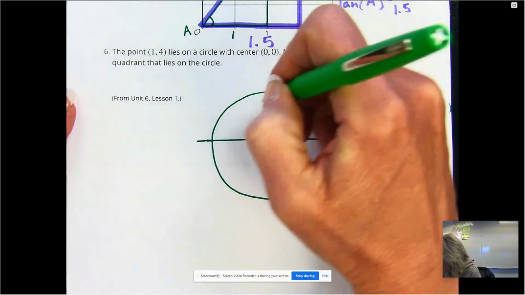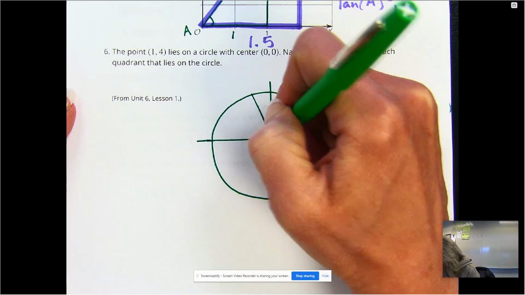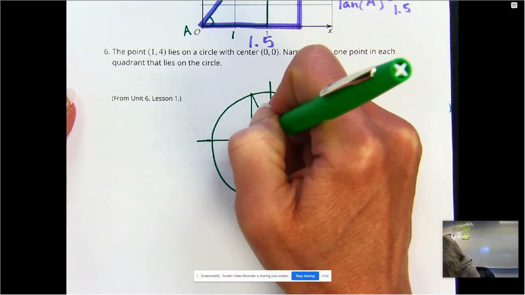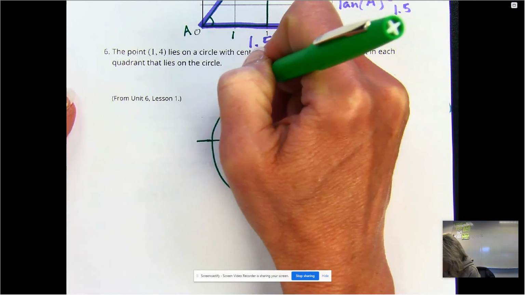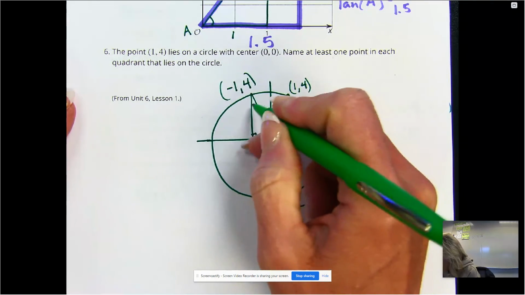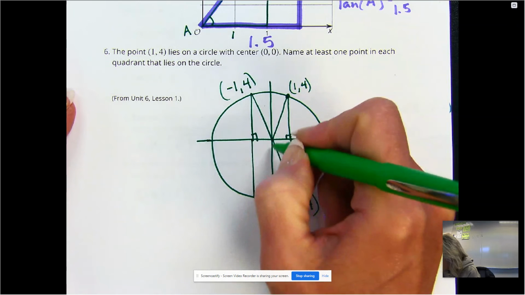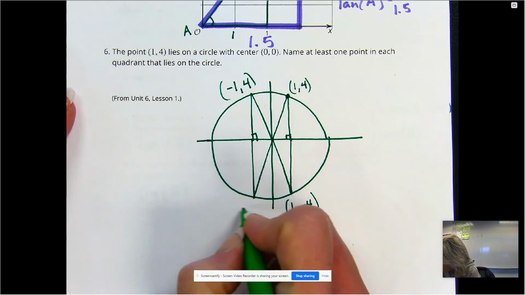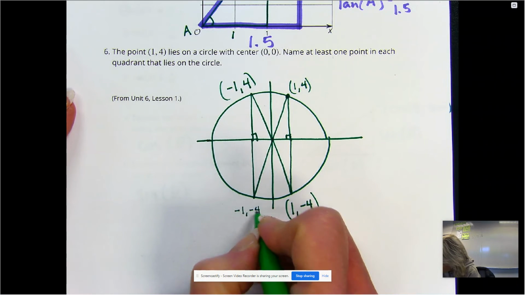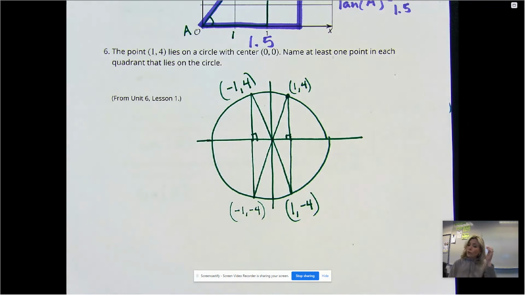If we reflect it over the y-axis, we get (-1, 4). And if we reflect this one over the x-axis, we get (-1, -4). So there's 3 of the additional points, but we need one more.